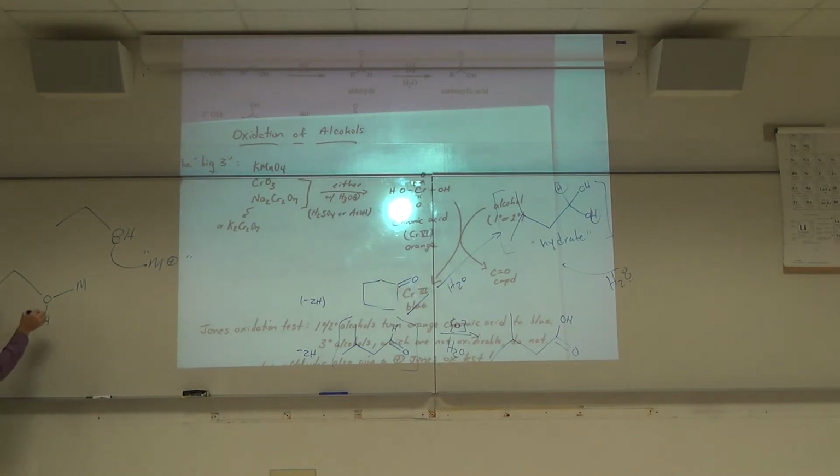What would that give? Give this one lone pair left. Plus charge. By the way, let's keep up with that lone pair that I just circled. Those 2 electrons. Somehow the metal gets on the oxygen.